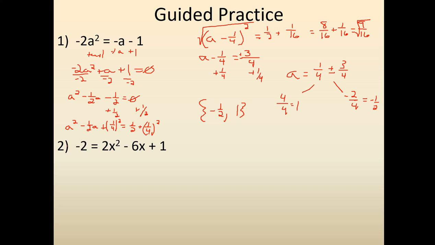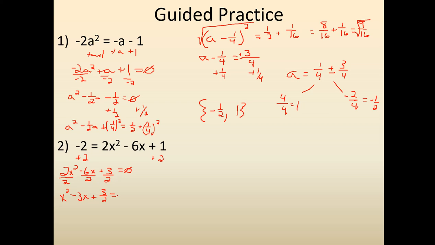All right. Down here, we do the same thing. We're going to add the 2 over to the other side. Get 2x squared minus 6x plus 3 equals 0. Do the same thing where you divide it by whatever the number in front of the x squared is, and you end up getting x squared minus 3x plus 3/2.